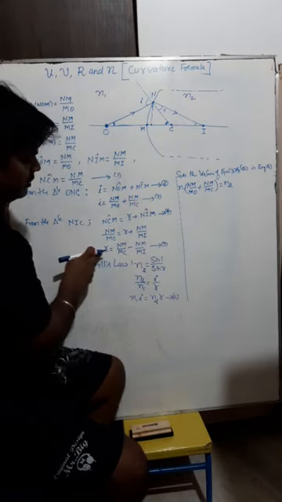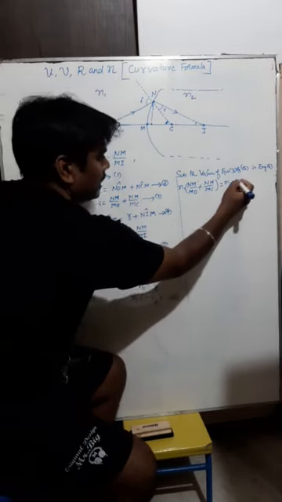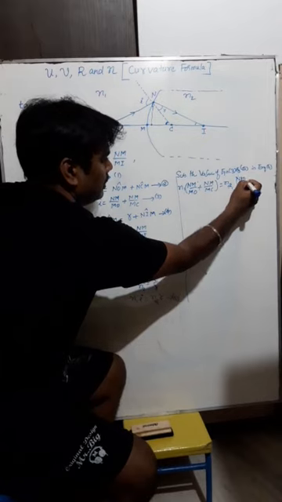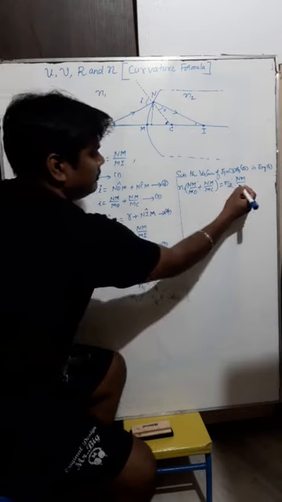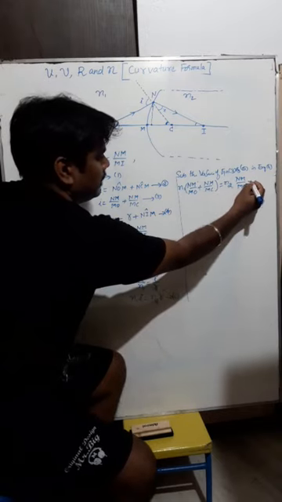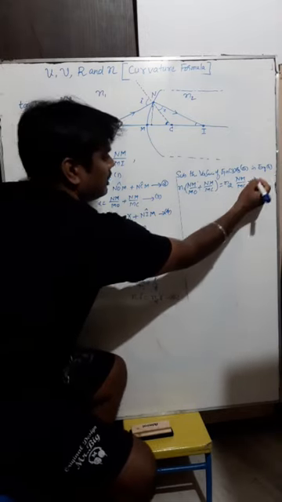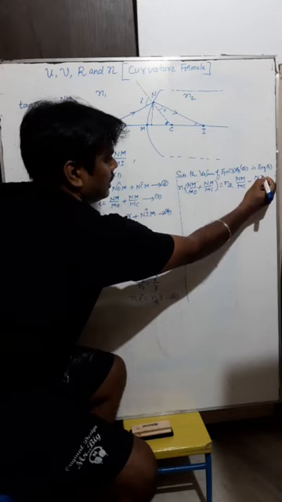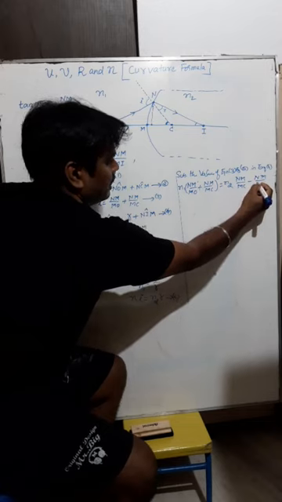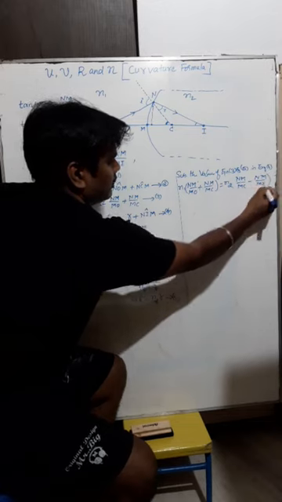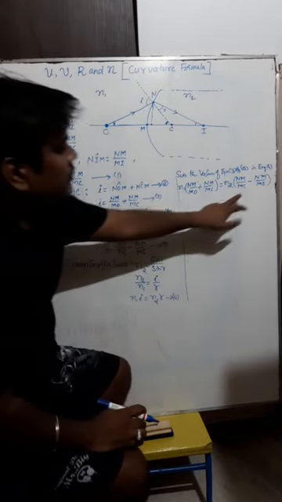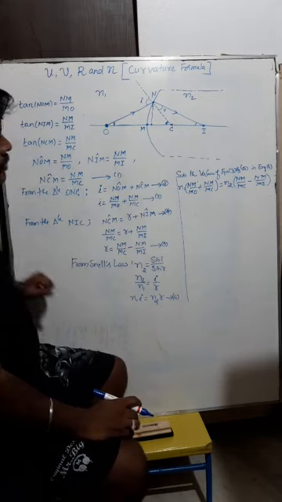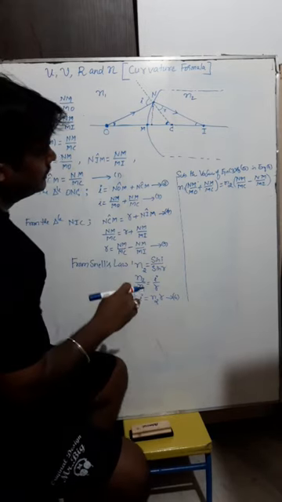The R value is replaced by equation number 5: NM divided by MC minus NM divided by MI. You put a bracket, don't forget to put the bracket here, because N2 is common for both the terms. Here N1 is common for both these terms.